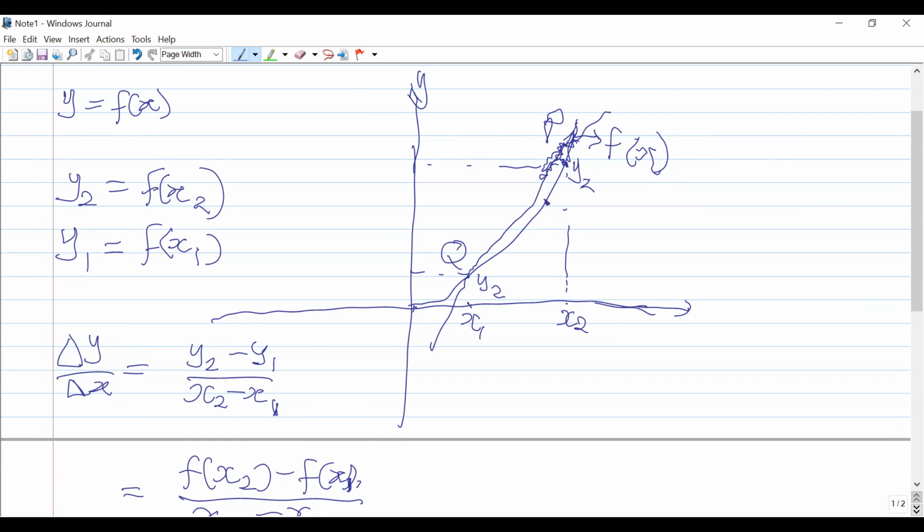For now, it means that our y2 will change. This is our new y2, and this will be our new x2 that will come here.